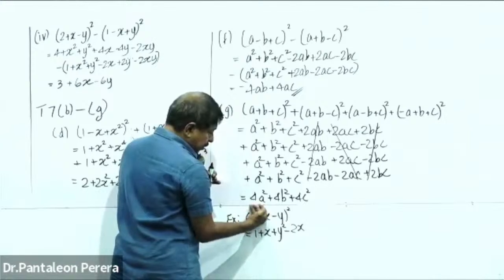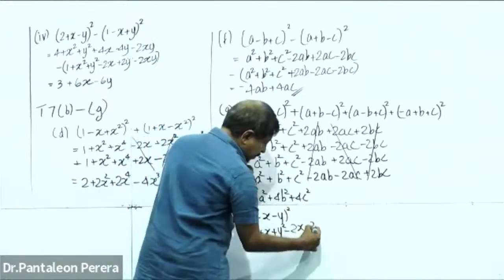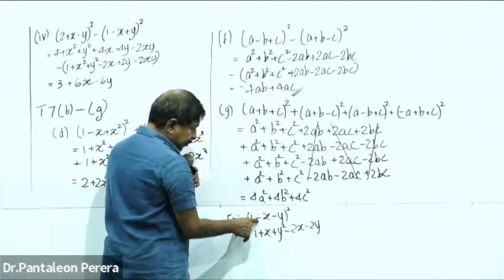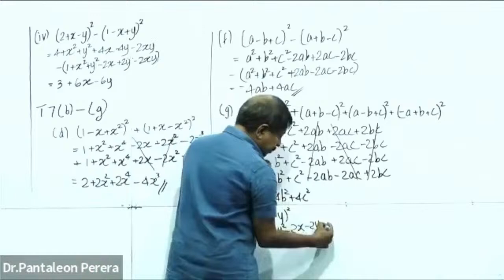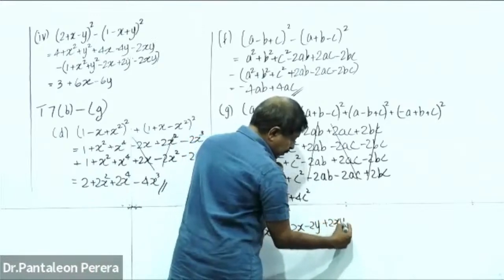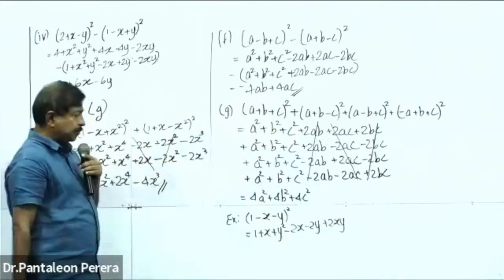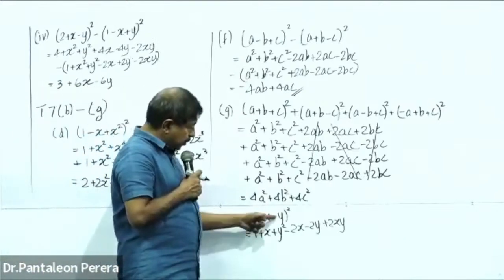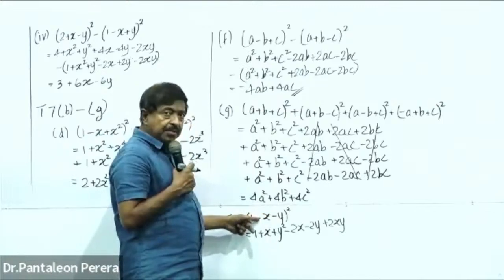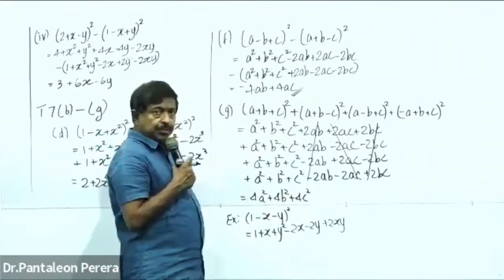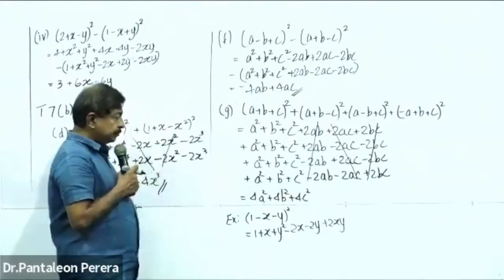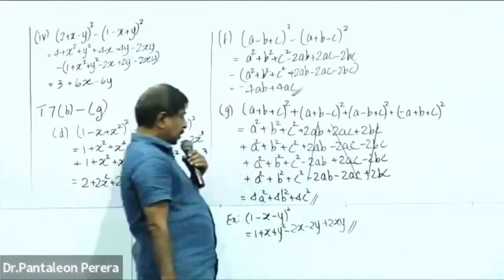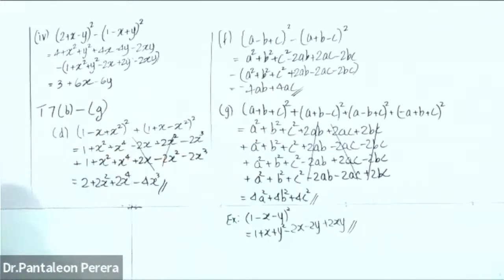You have minus 2y. Then close 1. Minus times minus is plus. You have 2xy. Because if you close 1, both of them have negative signs. So you have 2xy. Right. You take that down.